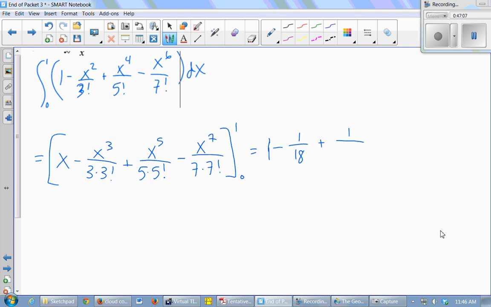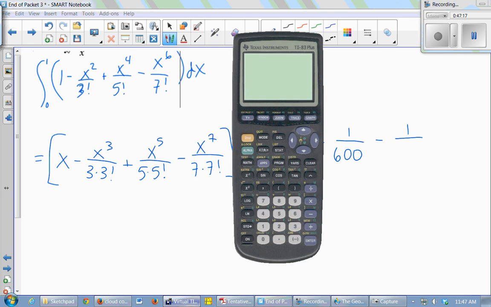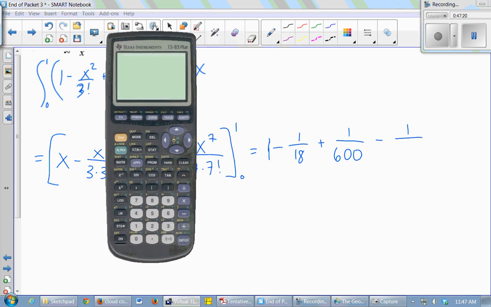Plus 1 over 5 factorial is 120 times 5 is 600, minus 1 over 7 factorial times 7, which is 35,280.